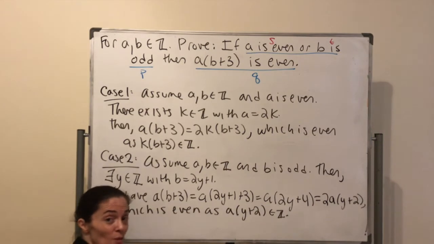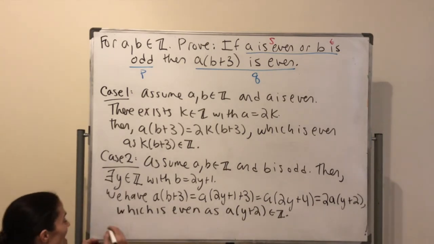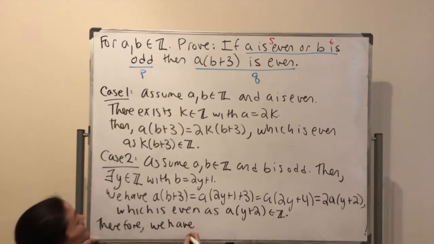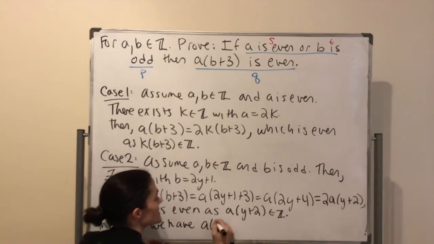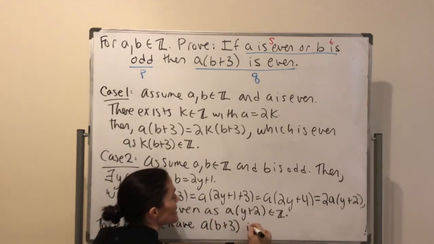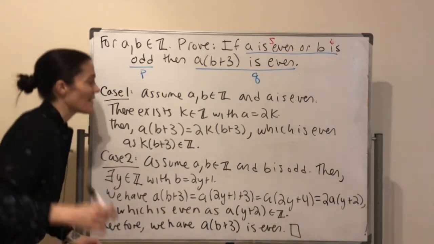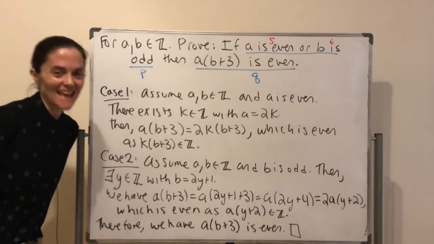We have shown both case 1 and case 2, so therefore we have what we want to conclude, which is a times b plus 3 is even. And this completes our proof. This is a proof by cases.